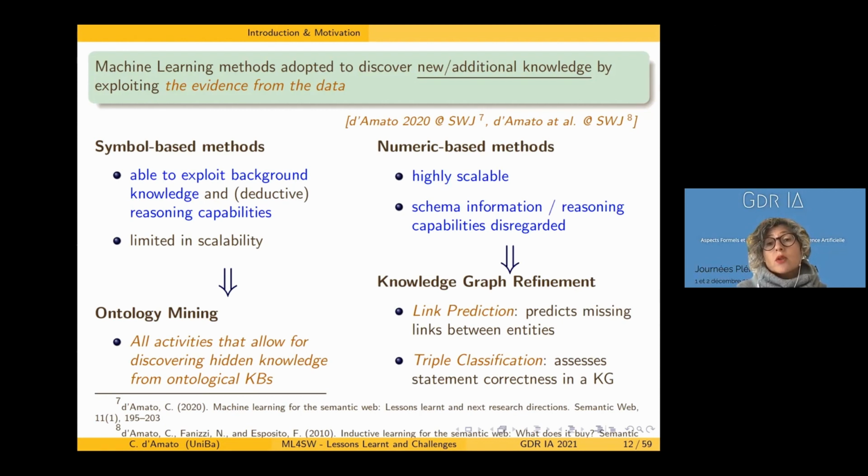This motivated the interest in the last few years in the adoption of numeric-based learning methods, mostly for targeting knowledge graph refinement tasks, and specifically link prediction and triple classification are gaining most of the attention, where link prediction aims at predicting missing links between entities, whilst triple classification aims at assessing if a given statement, that is a triple subject, predicate, and object, which is within a knowledge graph, is actually correct or not.